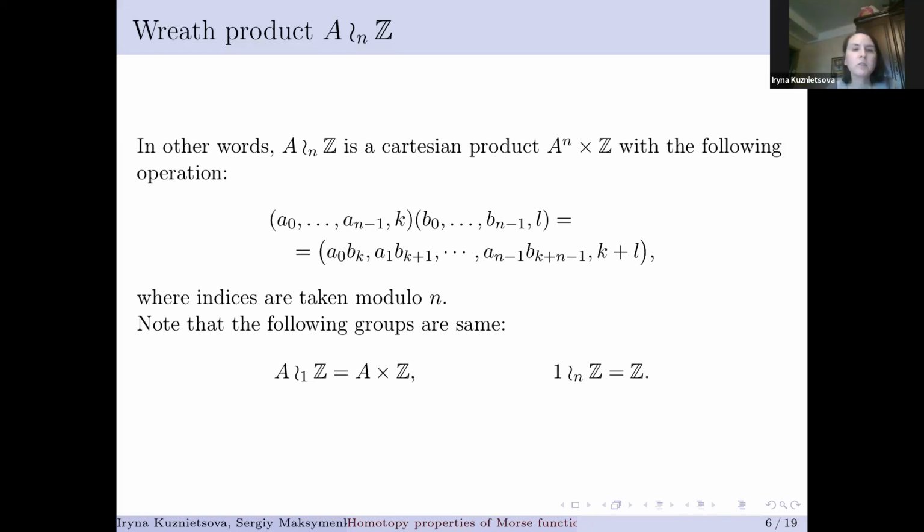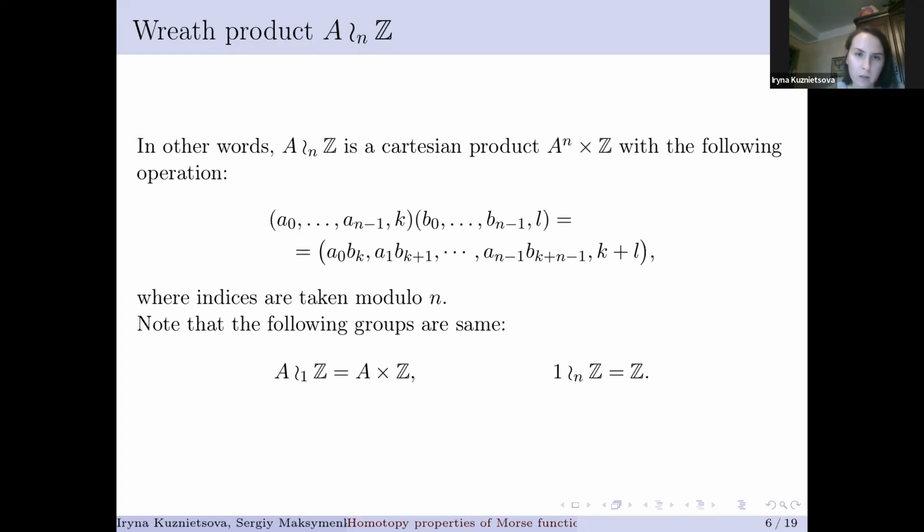So, in other words, a wreath product is the Cartesian product of A^n times Z with the following operation. (a_0, ..., a_{n-1}, k)·(b_0, ..., b_{n-1}, l) equals (a_0 b_k, a_1 b_{k+1}, and so on, and the last is k + l).